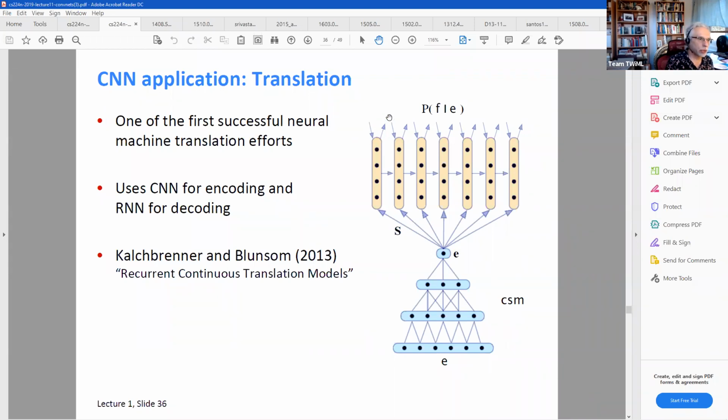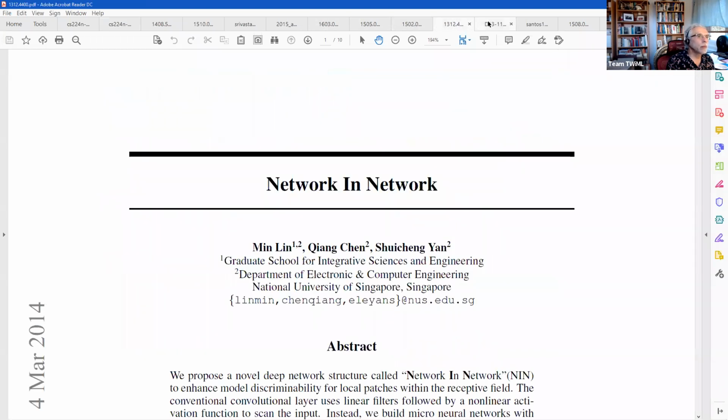This is the first word in the sentence, the second word, the third word, and the output goes two ways. You get the hidden layer all by itself that you could actually skim off, and the same thing gets passed to the next layer. So these two arrows are the hidden layer from the first word, and then these two are the hidden layer from the second word, and so on. So this is the architecture of the Kalchbrenner and Blunsom paper. Now we can go back to that paper and look at it a little bit here.